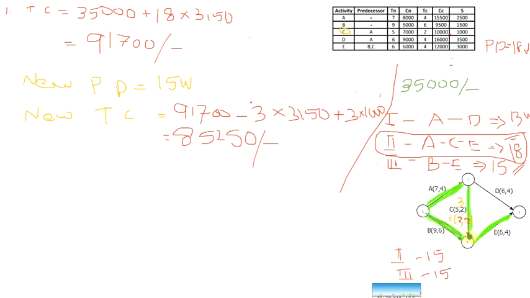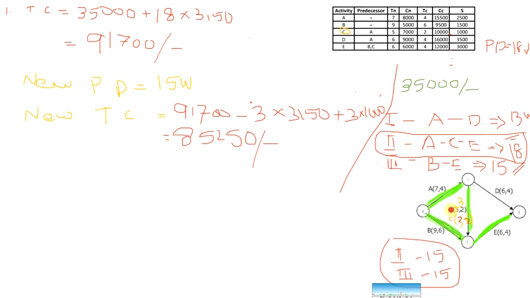So this is also another critical path now, because path 2 and path 3 both have a total duration of 15 weeks. Now we have two paths. Once there is more than one critical path in a network diagram, after crashing or even before crashing, what we have to do is crash either a common activity of these paths, or crash both paths by the same unit of time.